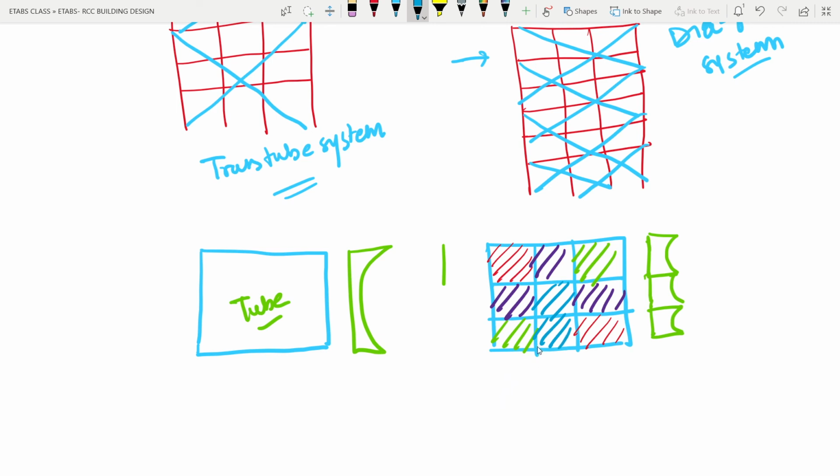So if we create a building like this, instead of creating one particular box, we are dividing this box into smaller boxes.